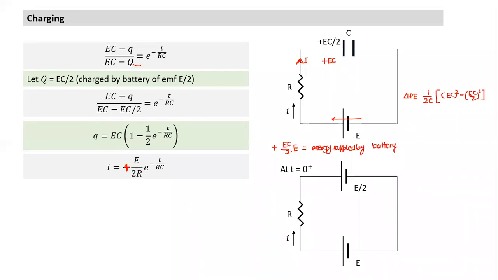Sir, while deriving, we just took current as dq by dt, right? We didn't know the direction of the current. No, go back to the initial derivation. We assumed this charge to be Q, and we took this as positive.